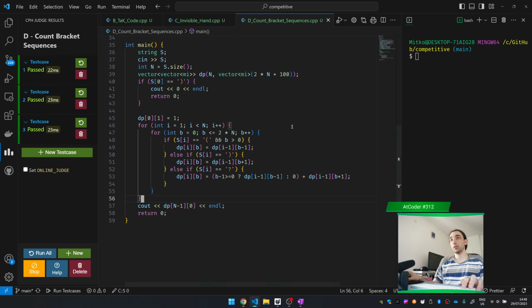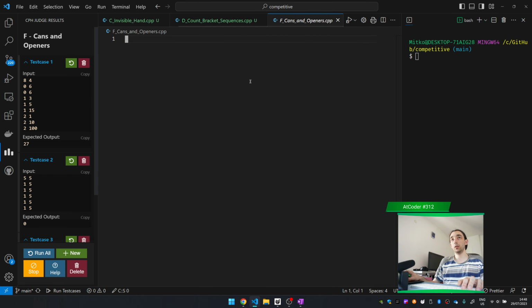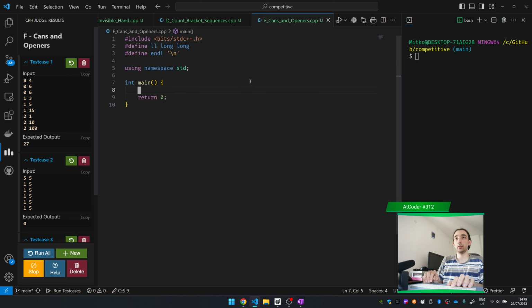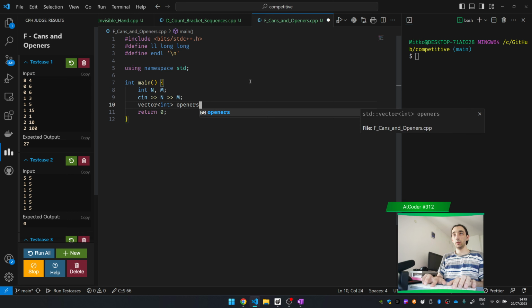Okay, so let's, maybe it will be more logical, but it should be like this. So there's n and n here, and then there's can openers, so openers, and then there are these.